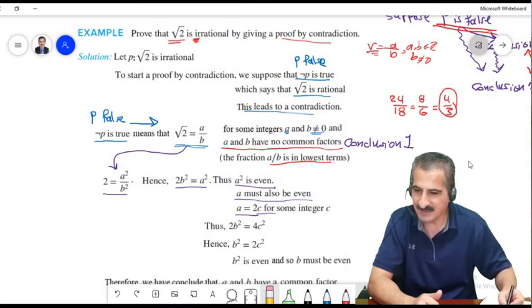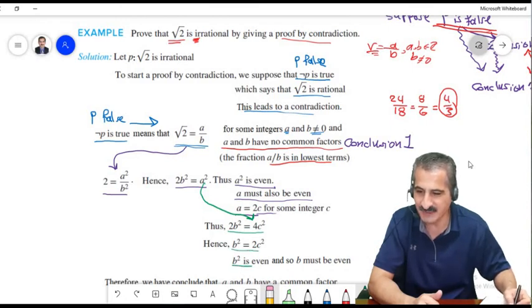Okay? Good. Now let's go back to here and substitute 2C for A. Then we get 2B squared equals 4C squared. Divide by 2, we get that. Oh, so B squared is even. Aha, so B is even. What? Now B is even, A is even.